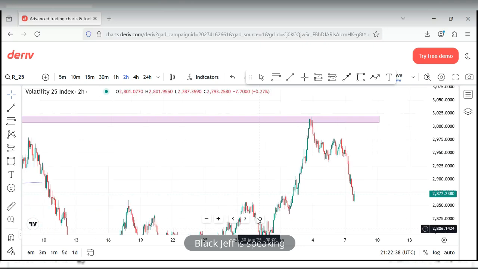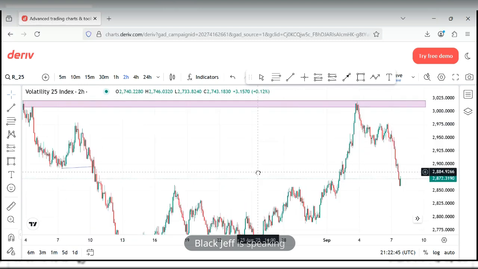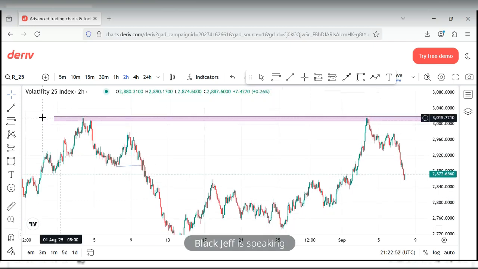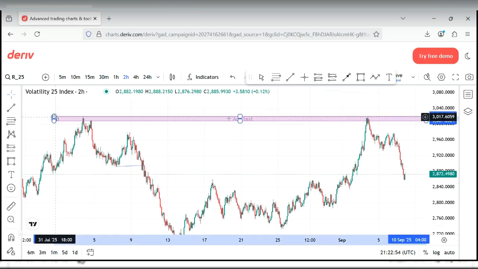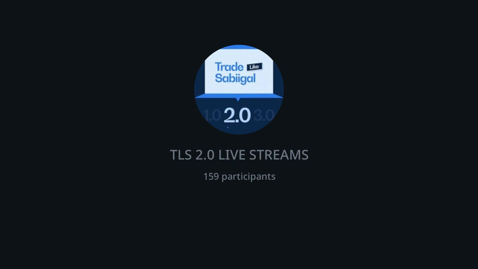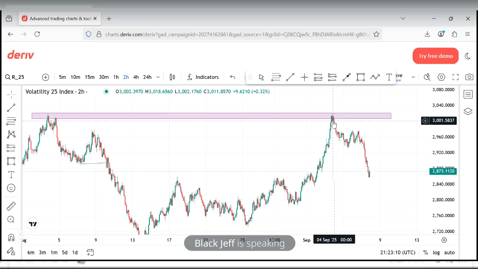If you observe now, we see that there is a zone here. Look at this zone here. The market got to this zone, and started selling off from here. This is what Sabige means by let the market be coming from a liquidity point. It got into this zone and is already selling off.